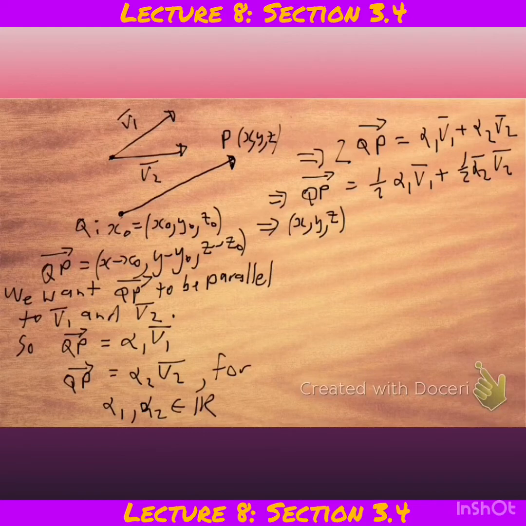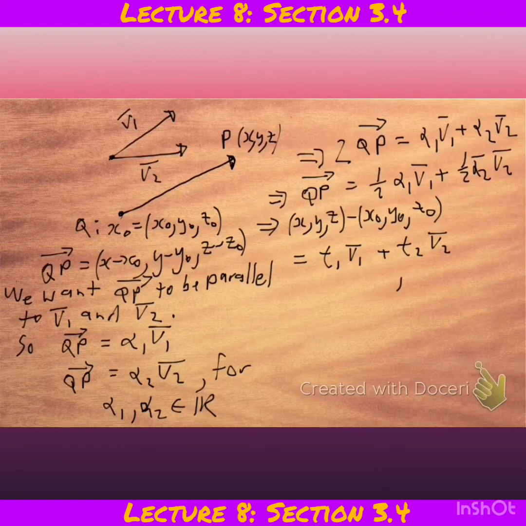All right, so what's that vector? It's the vector x, y, z minus x0, y0, z0, and that is going to be t1 v1 plus t2 v2.